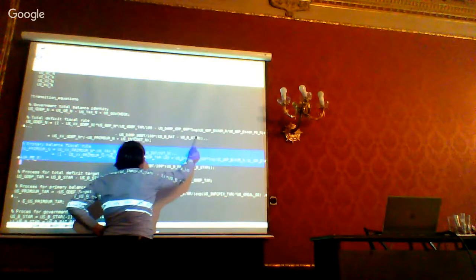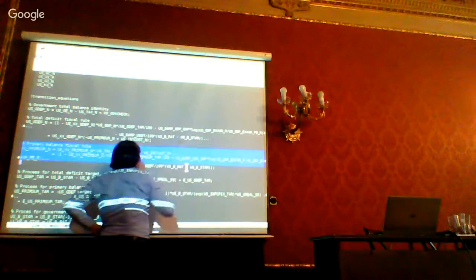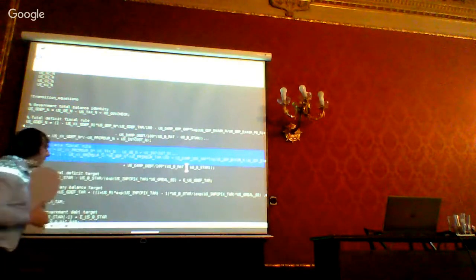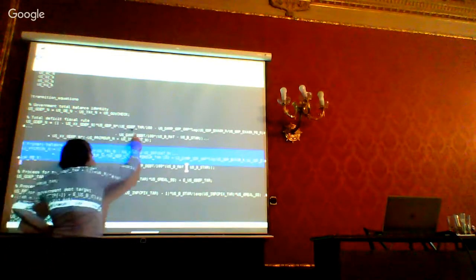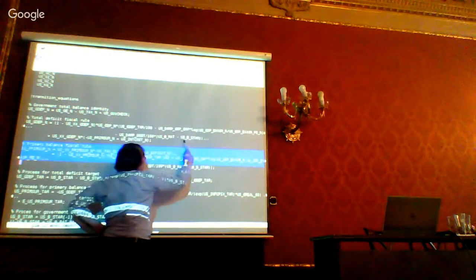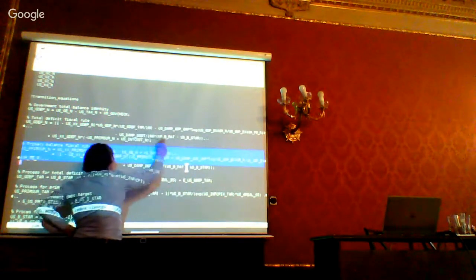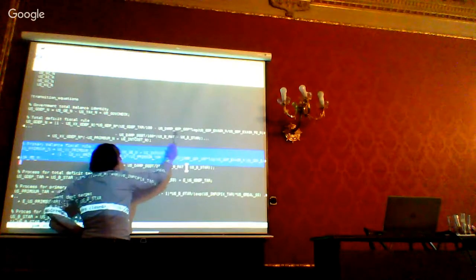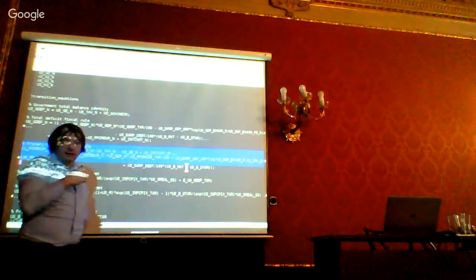So B star is the target debt to GDP ratio. Of course, because this GDEF tar is tied to this target. These are tied by the identity, and we had this identity before.